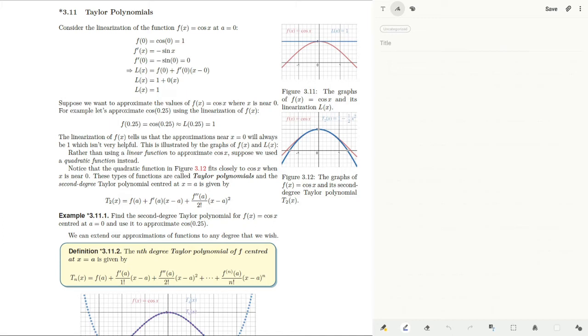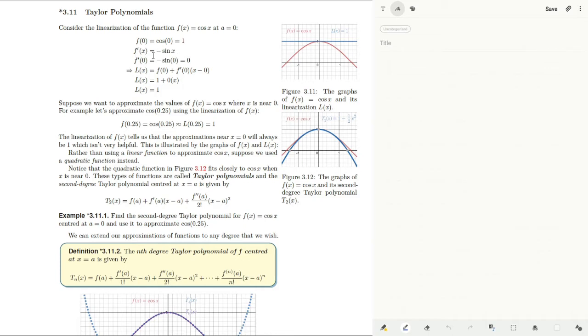Now let's consider the linearization of the cosine of x at a equals 0. So to find the linearization, we need to determine f of 0 and f prime of 0. So f of 0 is the cosine of 0, which equals 1, and the derivative is the negative sine of x.